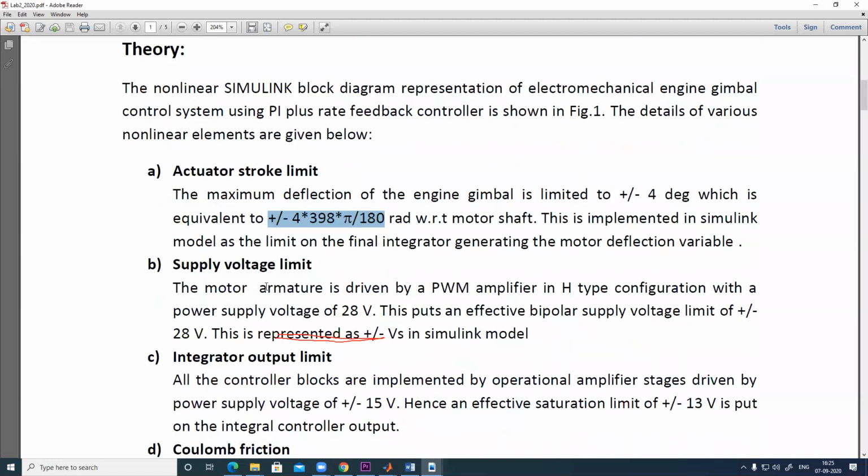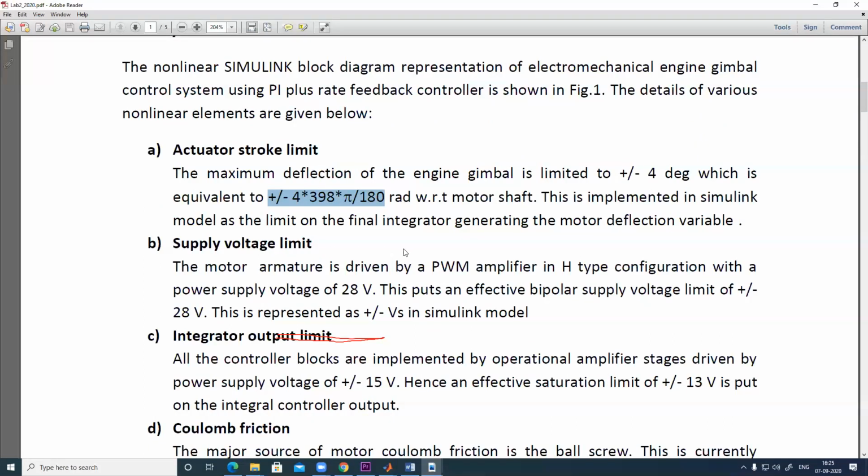Second one is supply voltage limit. The motor is actually a PWM amplifier driven.